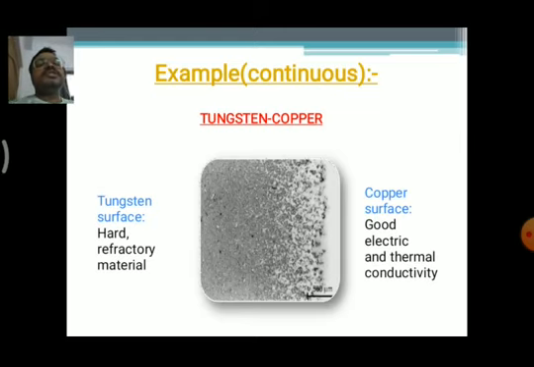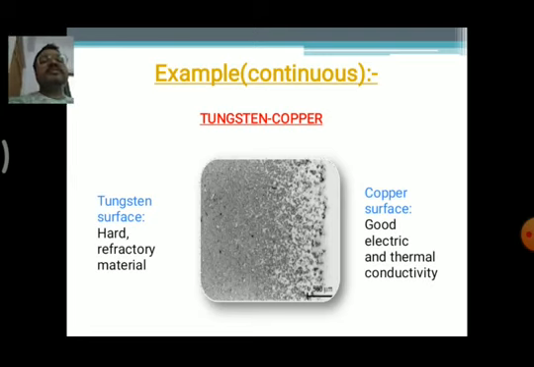The first one is the tungsten surface and the second one is the copper surface, built into the tungsten copper gradient. The tungsten surface is higher in hardness and a good refractory material. The copper surface has good electrical and thermal conductivity, rebuilds the surface, and has a good surface finish also.